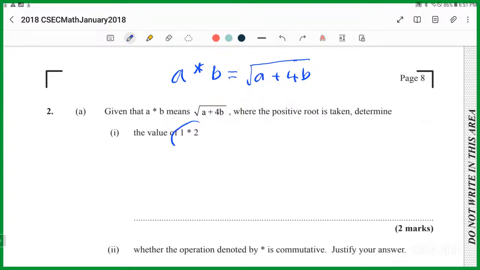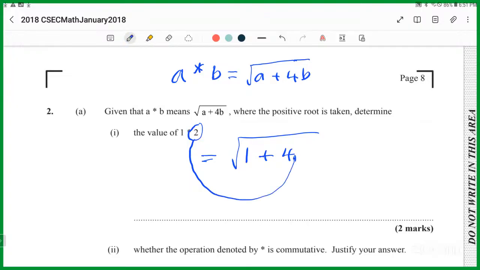This then becomes equal to the square root of the first value, the a, which is 1, plus 4 times the second value, the b, coming here as a multiple of the 4. So it's 4 times 2. Now 4 times 2 is 8, 8 and 1 is 9, so we're actually doing the square root of 9, and the square root of 9 is 3. And so the answer for that part is 3.